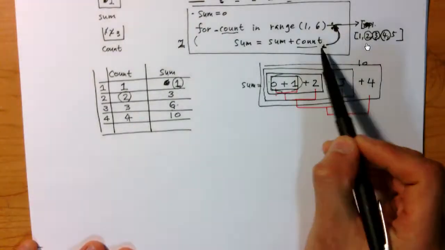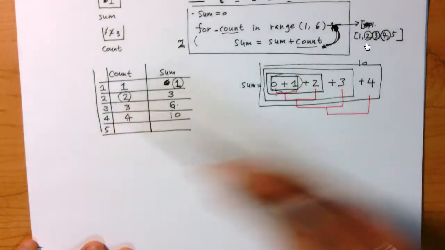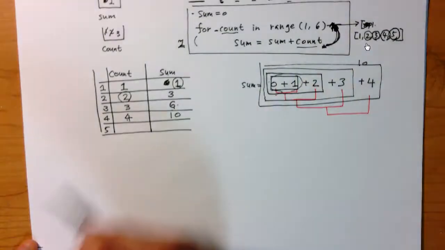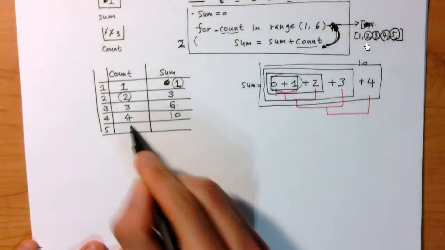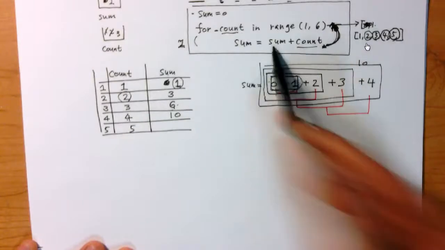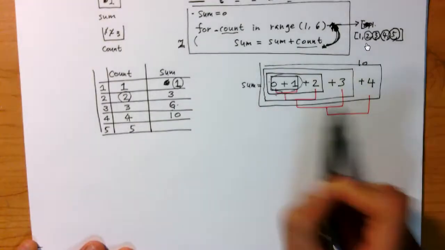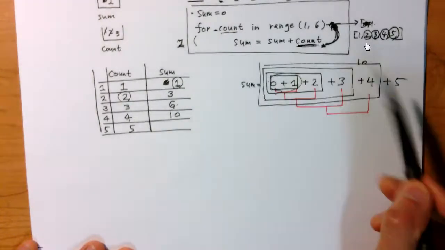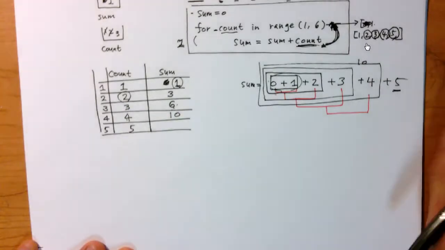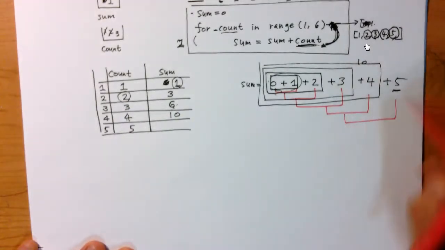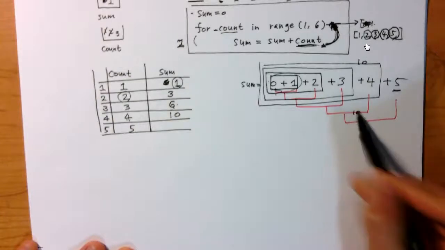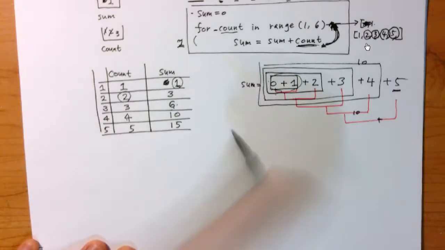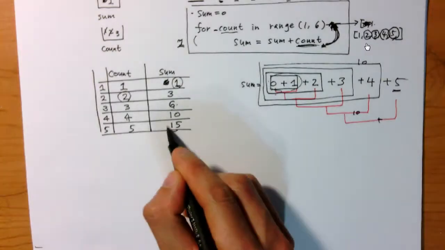In the fifth iteration, going back to the loop header, now the count is 5, and sum is this guy, which is 10, plus count, which is 5. The previous value was 10, so 10 plus 5 is 15. Okay, so you can find the 15.